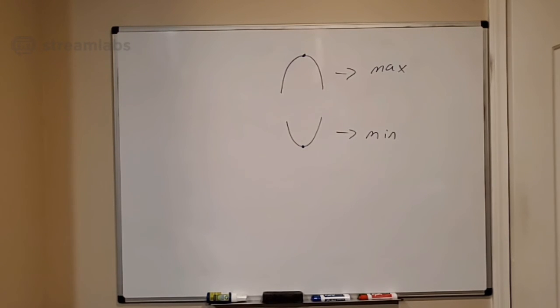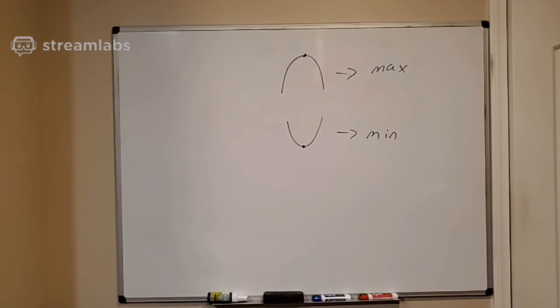Okay, number 6. How do we connect f prime to f double prime? Because obviously they gave you the graph of the derivative and they're asking about concavity.